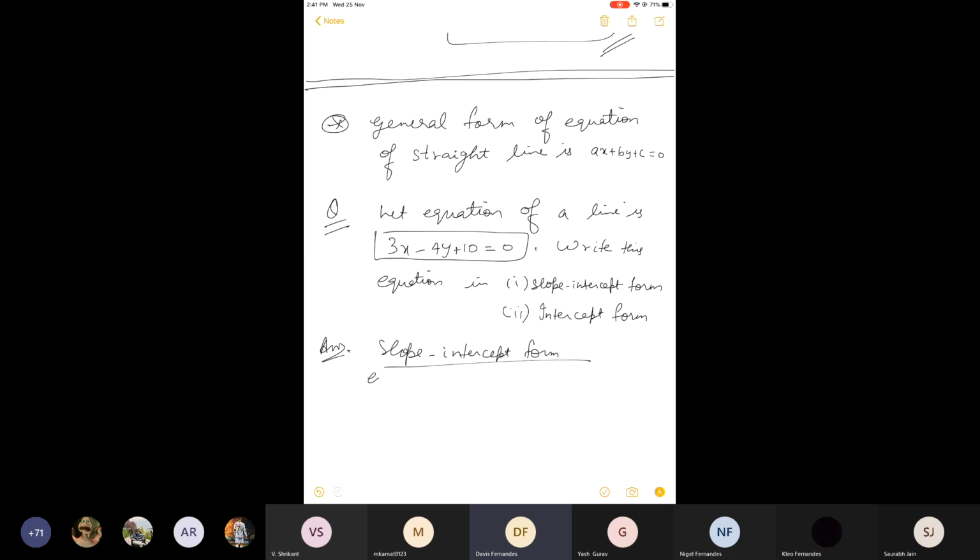So you arrange the equation. Yes, definitely. And how are you going to do it? Taking the y on the other side. Yes, fine. So 4y equals 3x plus 10.